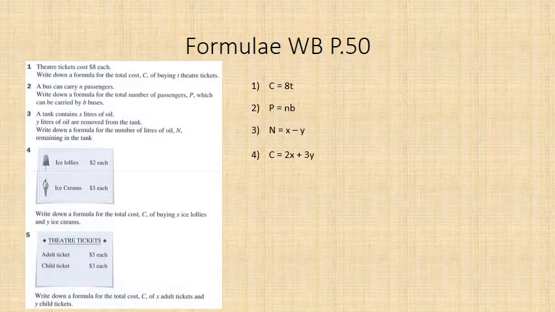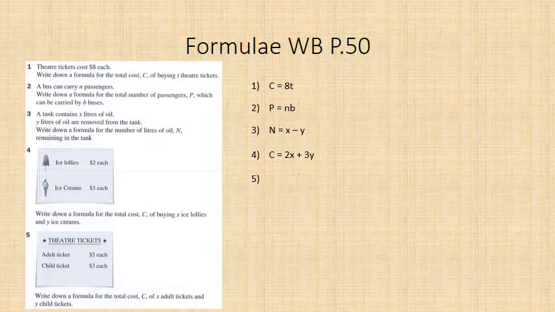Question 5, he's saying that for theater tickets, an adult ticket is $5 each and a child ticket is $3 each. He needs me to write down a formula for the total cost C of X adult tickets and Y child tickets. So it's very easy. Here it's the same idea as question 4. How many adults do I have here? It's X. So I multiply 5 times X, which is 5X.